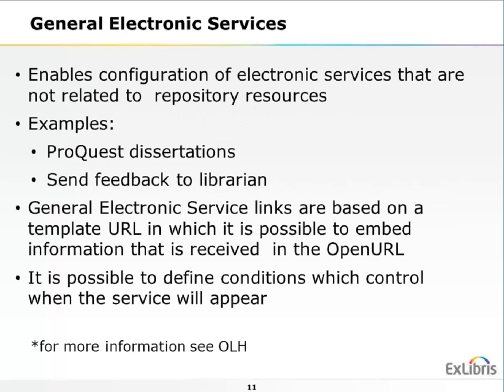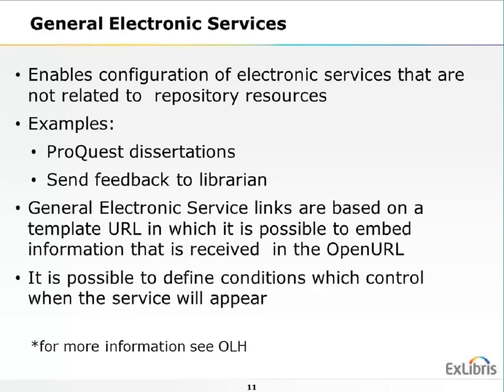Let's talk about general electronic services. So basically what I showed you now is that Alma provides services based on the availability of resources within the library's collections. It always did this calculation of whether I have this in my library, and based on that it provided services.